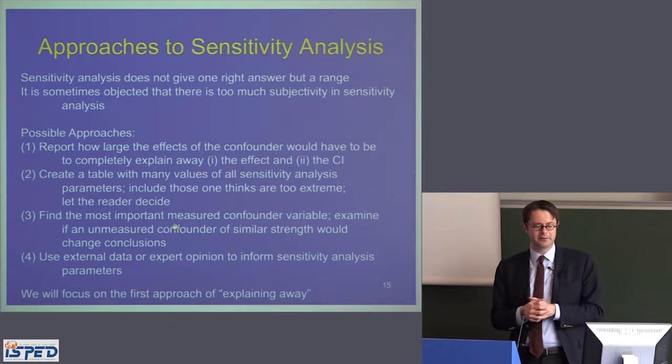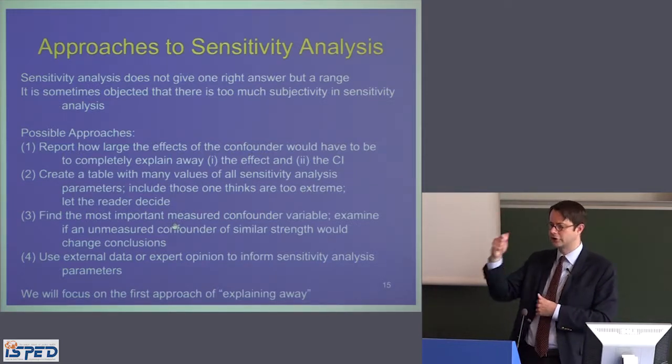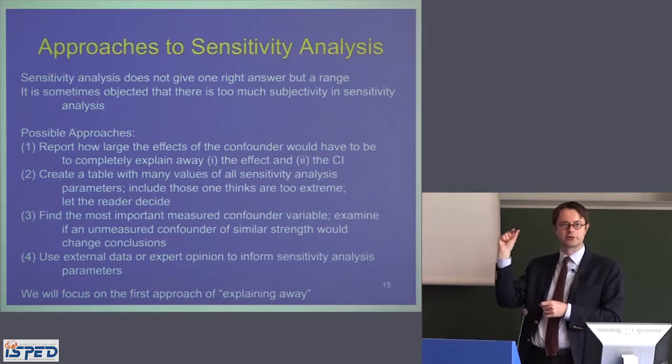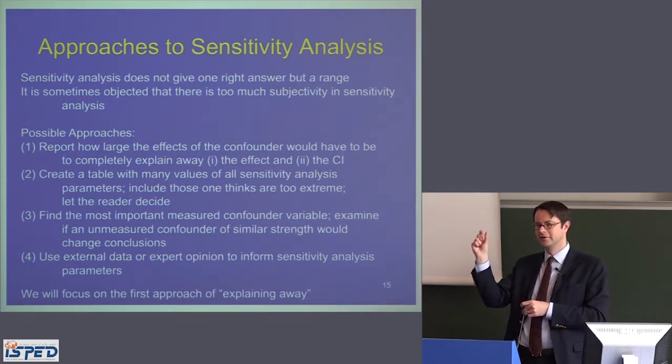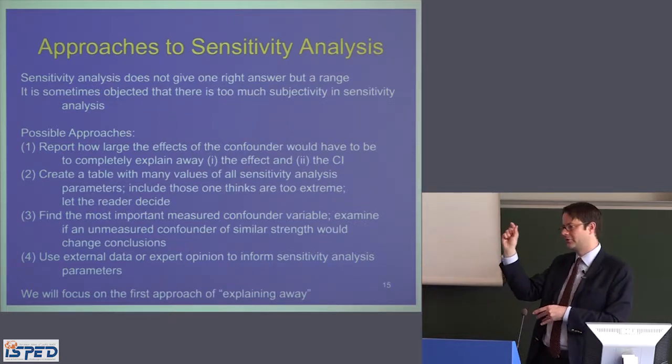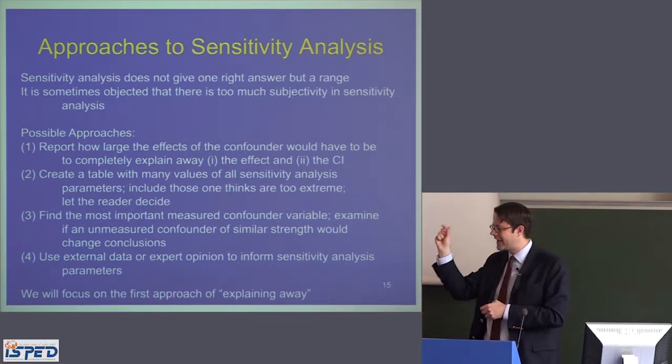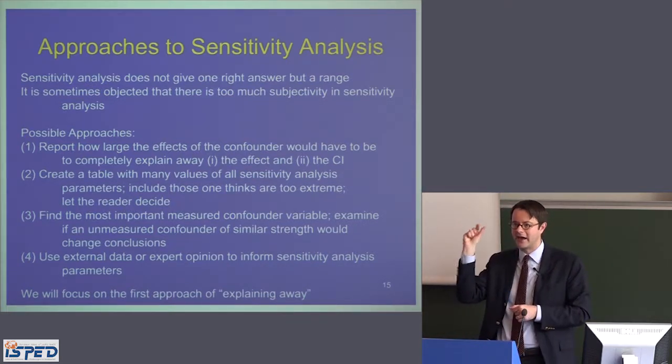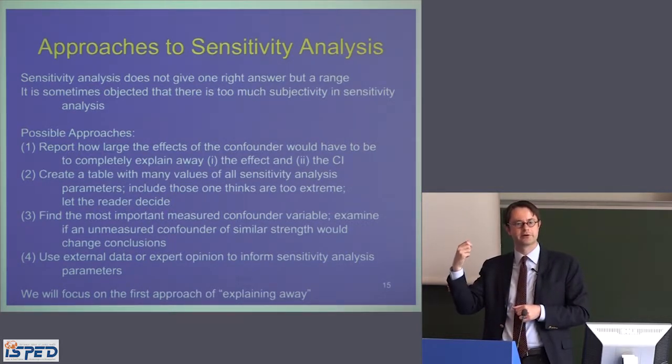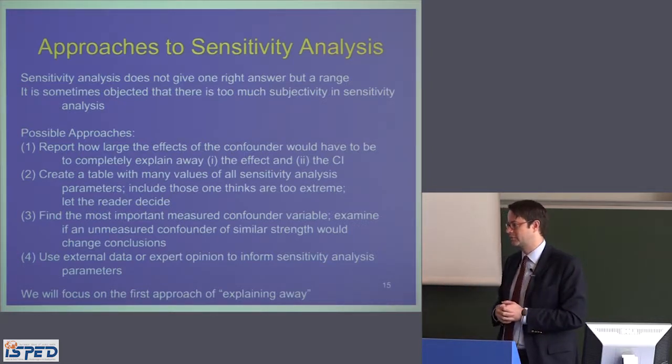A third approach that can be helpful is to go through the measured confounders one by one, omit them one by one, see which of the measured confounders generates the most bias, what the sensitivity analysis parameters are for that measured confounder, and then ask if we had an unmeasured confounder that was as important as our most important measured confounder, would that suffice to explain away the observed estimate?